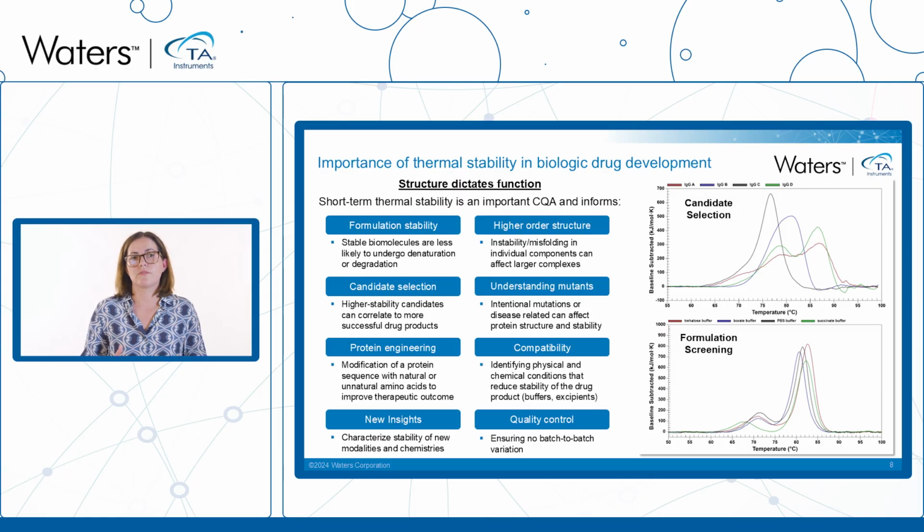We can also look at formation of higher order structures, which may happen at higher concentrations. It can also be useful for candidate selection for understanding mutations in our protein and how they are affecting this protein stability. We can also look at and compare biosimilars to get insights into new modalities and chemistries, and of course use thermal stability measurements to ensure quality control with no batch-to-batch variation.